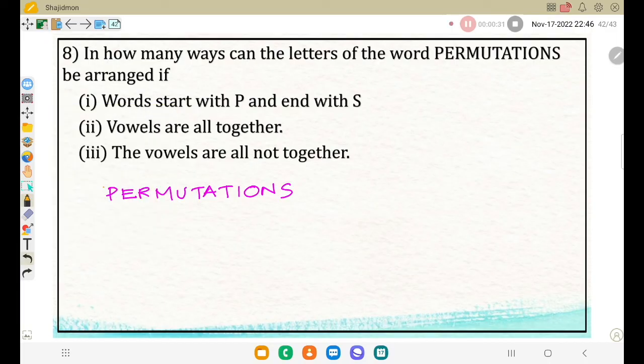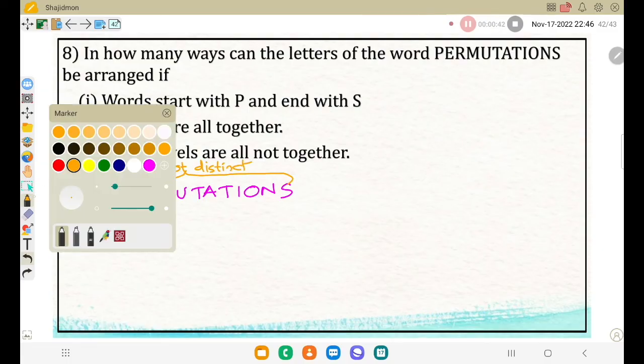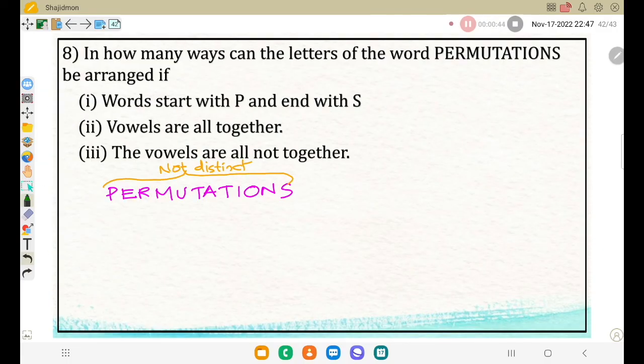Now think about this word permutations. Is it distinct or not distinct? It is not distinct, correct? Why not distinct? Because some letters are repeating. For example, P coming how many times? One time. E how many times? One. R only one time.